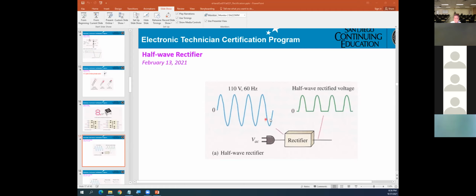Normally, you can see the DC is just a straight line. It does not go up and down like this one. However, you can convert that to DC completely. How can we do it? Capacitor.